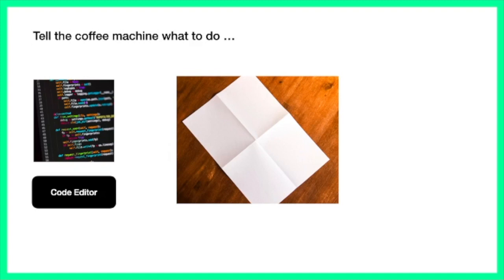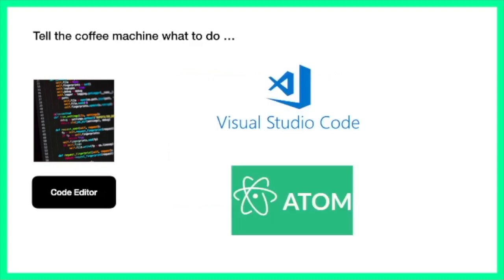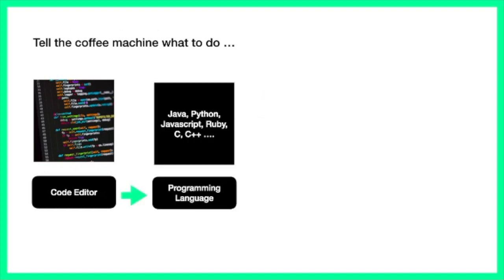Some of the very common code editors that people like to use are Visual Studio Code and Atom. After you get the code editor, you can start writing your code in a programming language, for example Java, Python, JavaScript or Ruby. This time, we have to write our codes in a programming language instead of English. I will explain why in the next step.